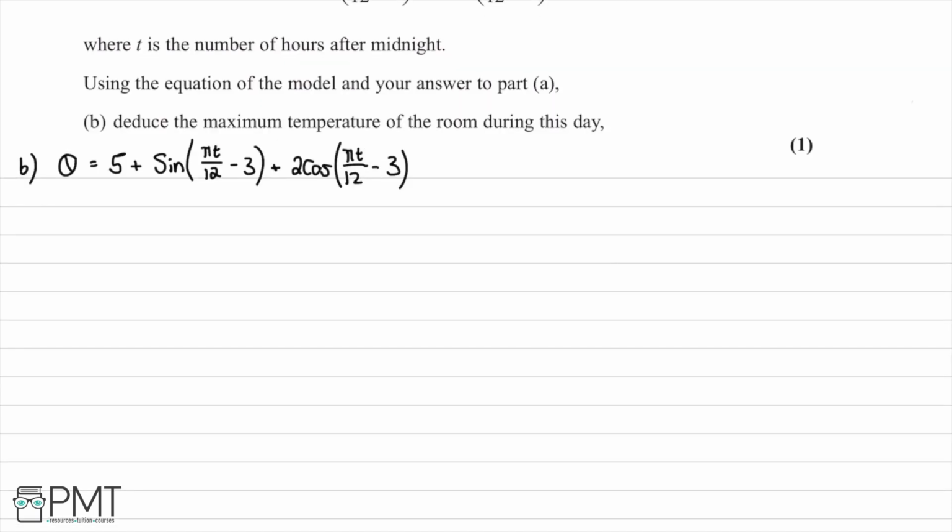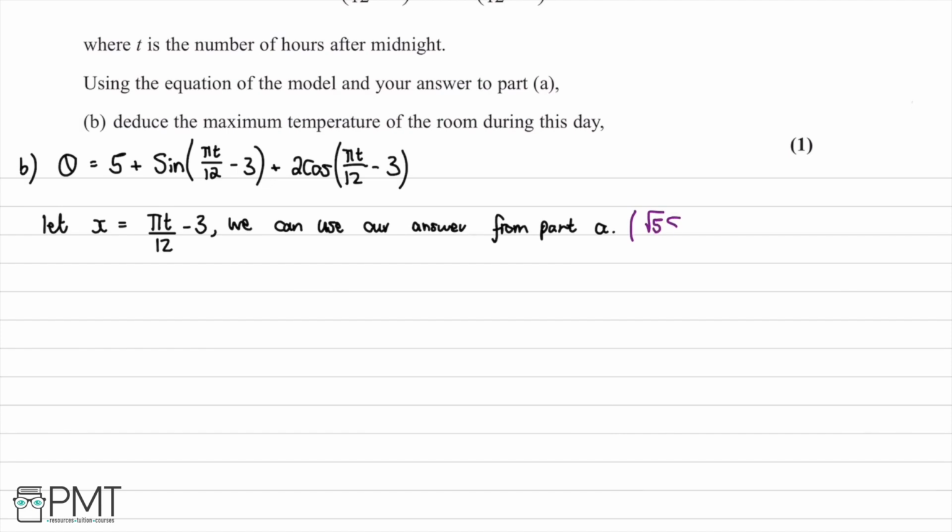So if we let x be equal to pi t over 12 minus 3, we can use our answer from part A. So we recall our answer for part A was root 5 lots of sine of x plus 1.107. So that was our answer, and we knew that that was equal to sine x plus 2 cos x.